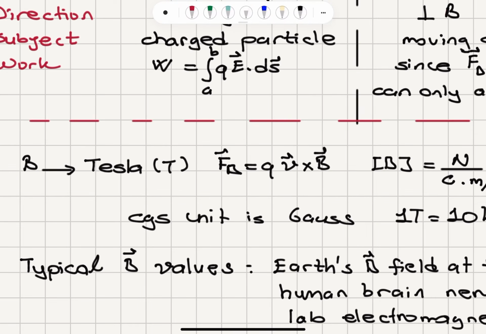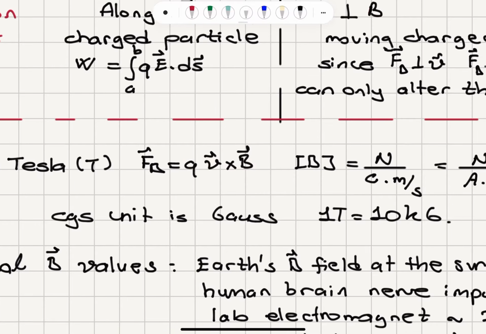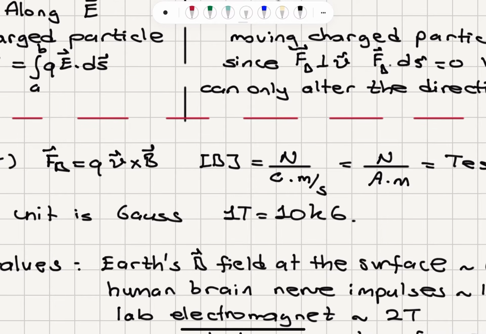Now, what is the unit of magnetic field? Magnetic field, in SI units, is measured in Tesla, which is denoted by T. Since the magnetic force Fb is QV cross B, if you do dimensional analysis here, you see that B is the force unit newtons divided by coulombs multiplied by meters per second.